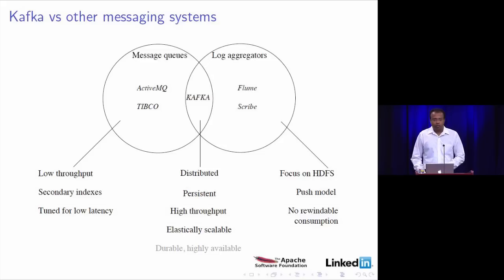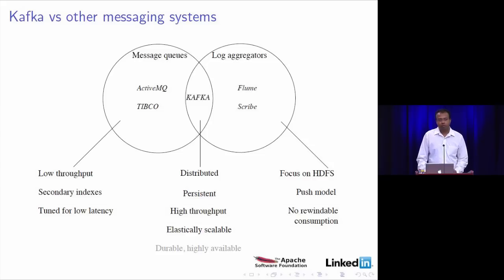At the other end, there were log aggregation systems, and these basically take a bunch of messages and pump them into HDFS. They offer very high throughput, but they don't have direct support for real-time incremental consumption. And Kafka sits somewhere in between these two extremes.